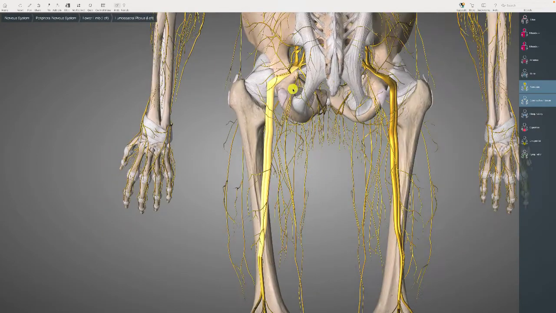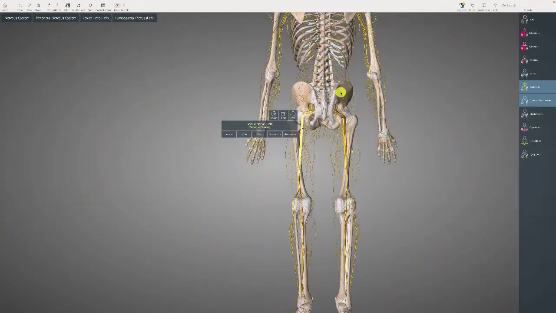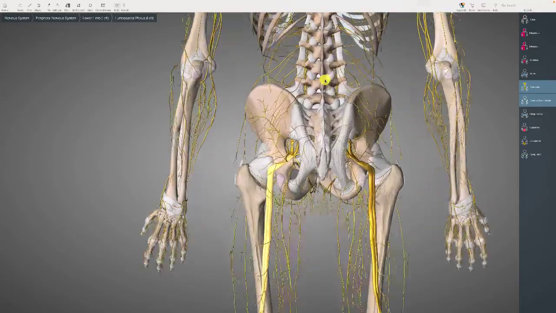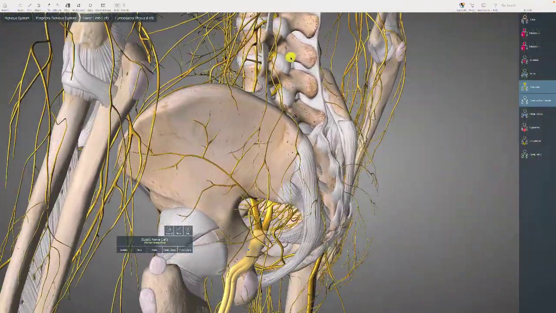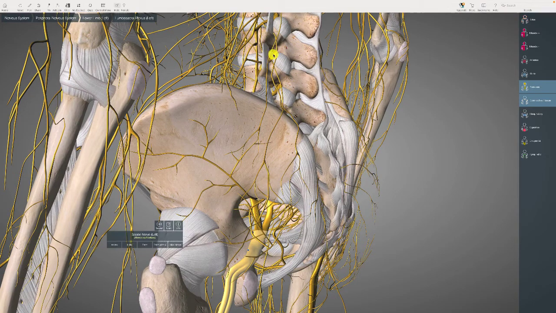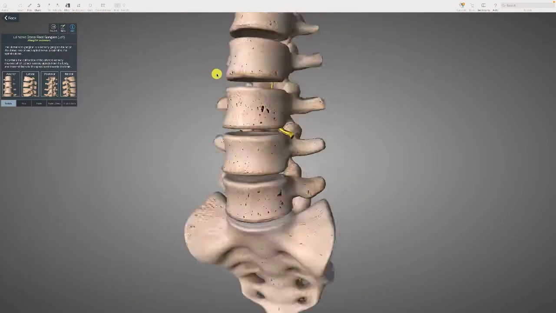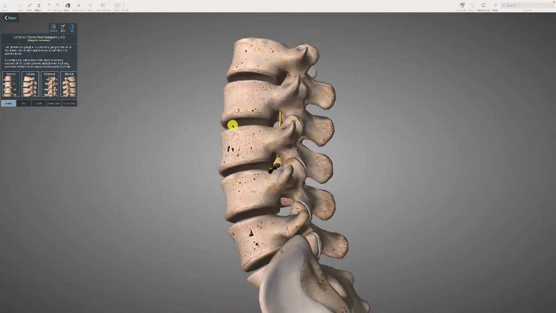And that nerve comes out of the lower spine, right through here. So if the disc herniates, it can push on this nerve.